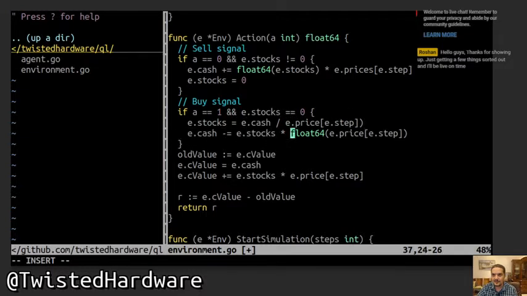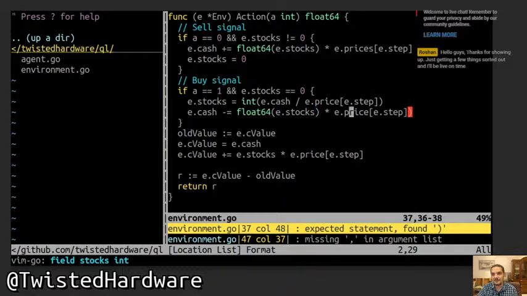My fault. I know what the problem is in here. Stocks actually is an integer, and I had to do this. I have to take an integer in here. And cash equals this one, float 64. Change stocks into float 64.